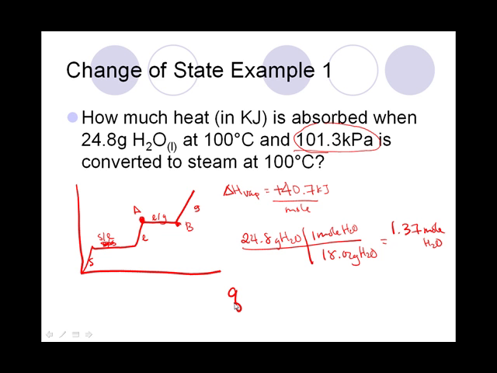And so the amount of energy that is required to vaporize that much water is going to be 1.37 moles. And I know for every 1 mole, it is positive 40.7 kilojoules.